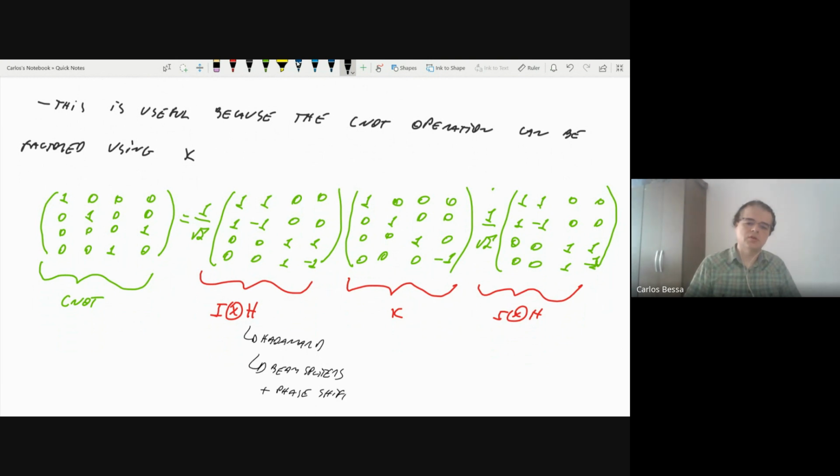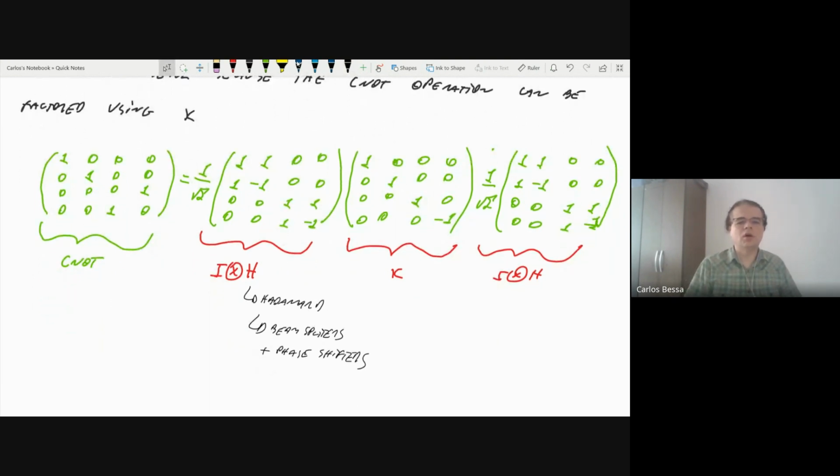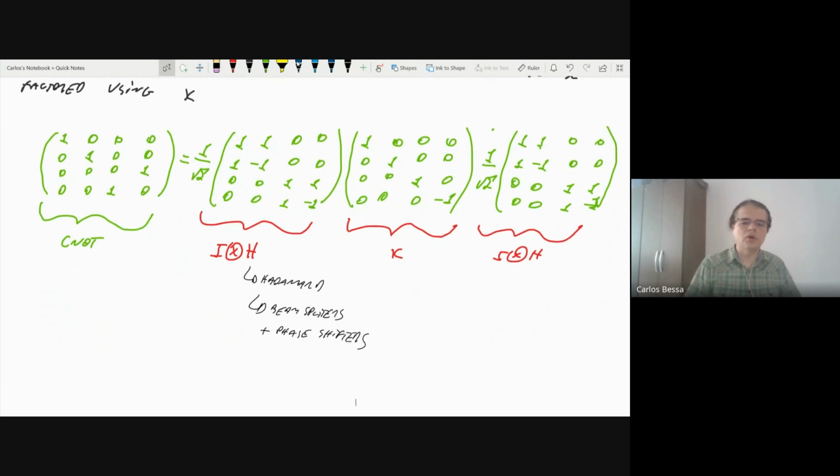So using nonlinear optical materials, we could build the equivalent of a CNOT gate using beam splitters and phase shifters, because we know how to make Hadamard gates. A Kerr media, a nonlinear medium, like a type of crystal. And again, this is Hadamard again, so we could use beam splitters and phase shifters here as well.